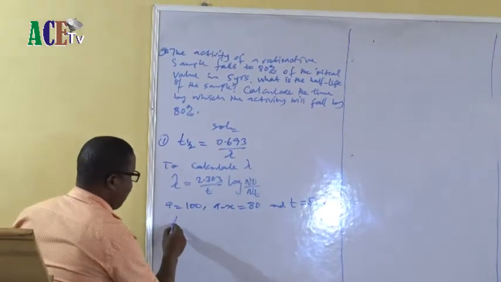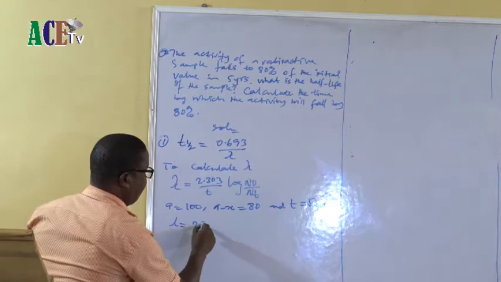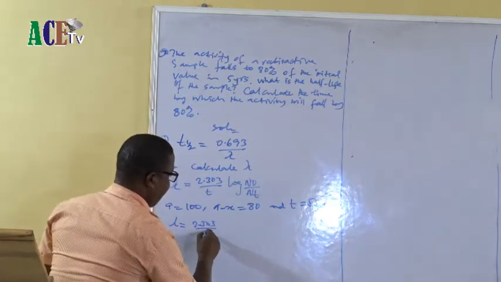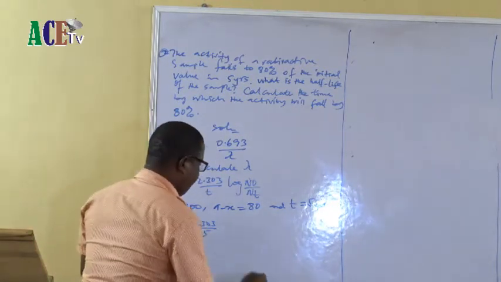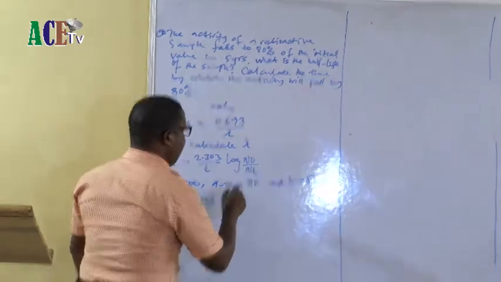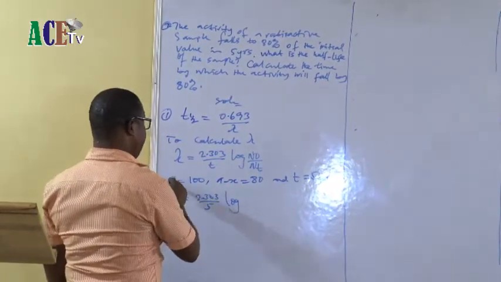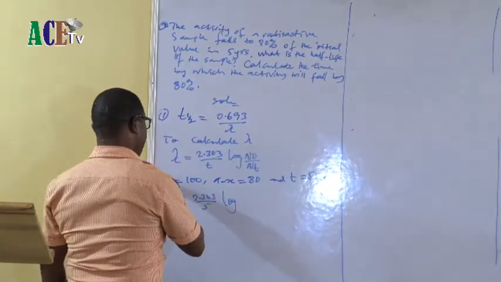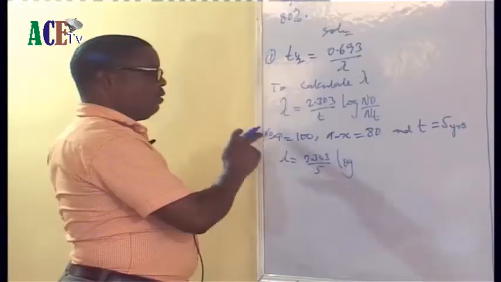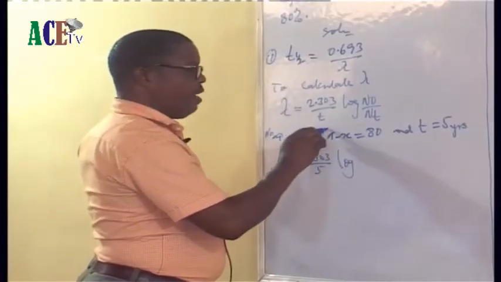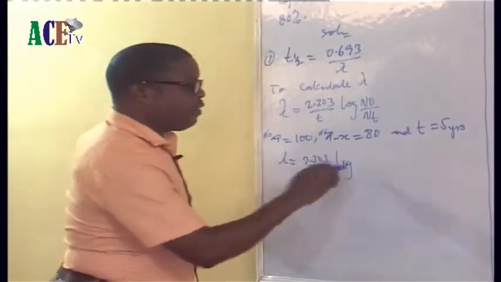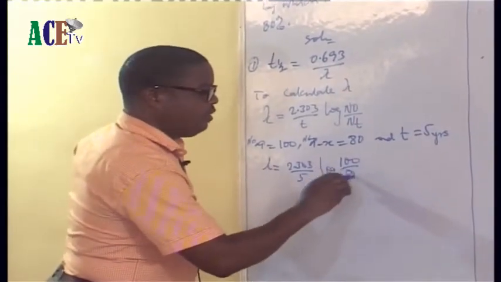So now, lambda is equal to 2.303 all over 5 logarithm of N naught over NT. That means this one stands for our N naught and this one stands for our NT. So N naught is 100 all over 80.